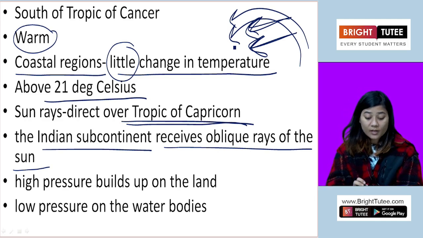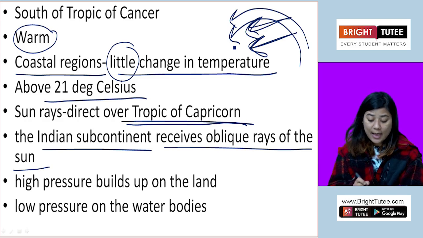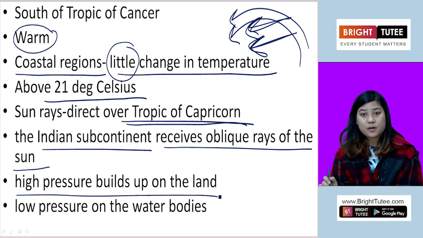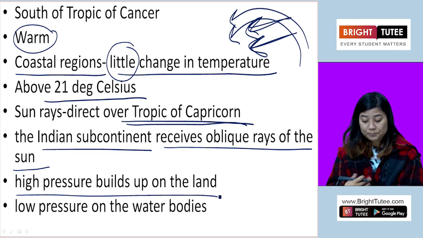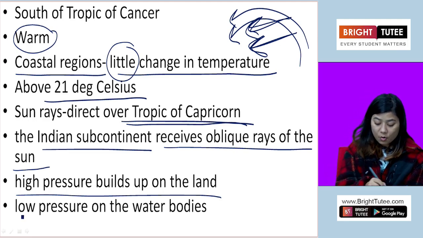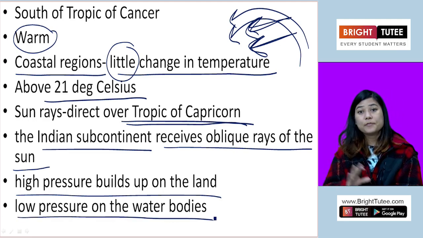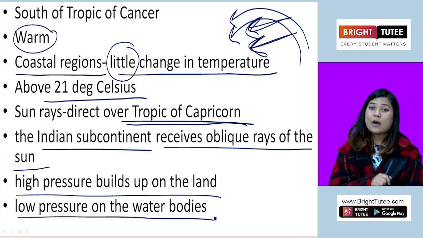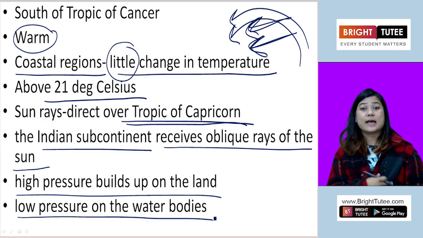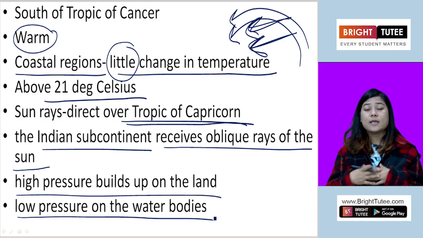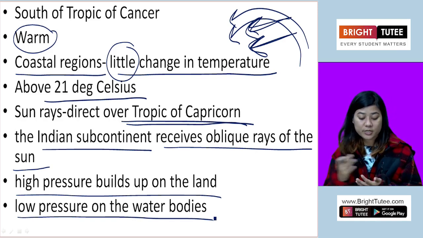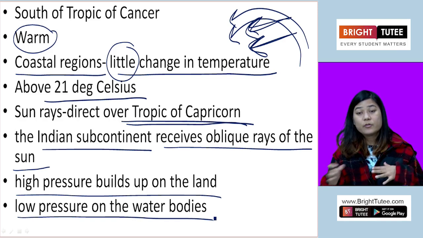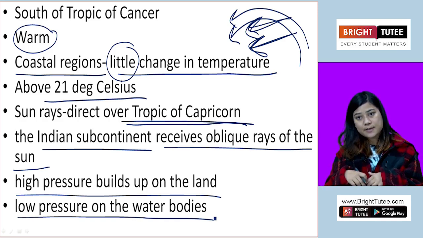During the winter, high pressure is developed on the land. And low pressure is developed on the water bodies. How in the summer season we were saying that with the rise in temperature, there is a development of low pressure areas. Now in the winter, there is a decrease in temperature.